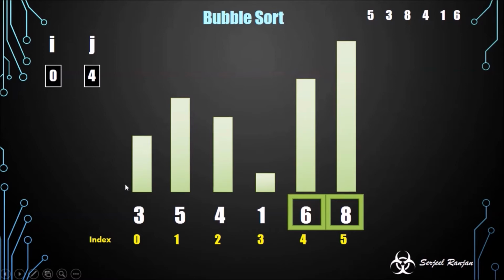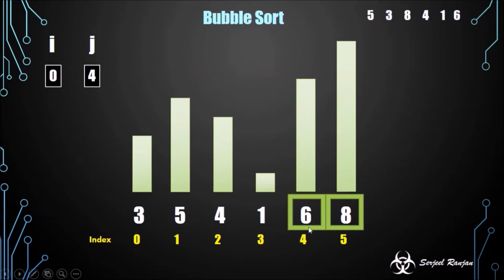Yeah, in the worst case, it has to traverse 6 times over this array, because after every traversal, the next largest element comes to its respective position. Our job is not over yet.